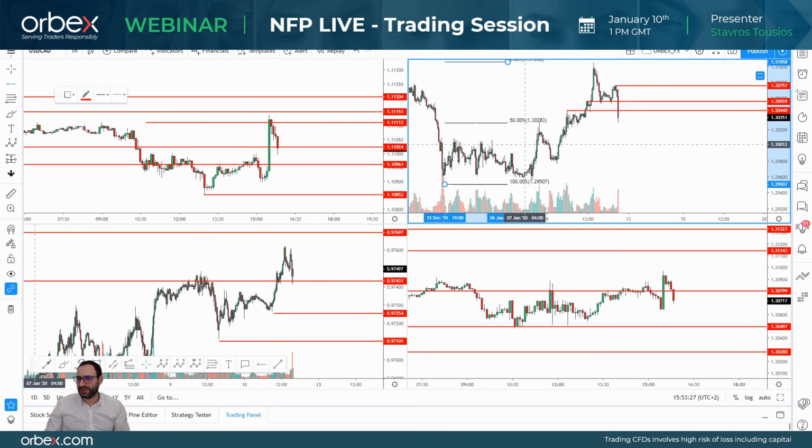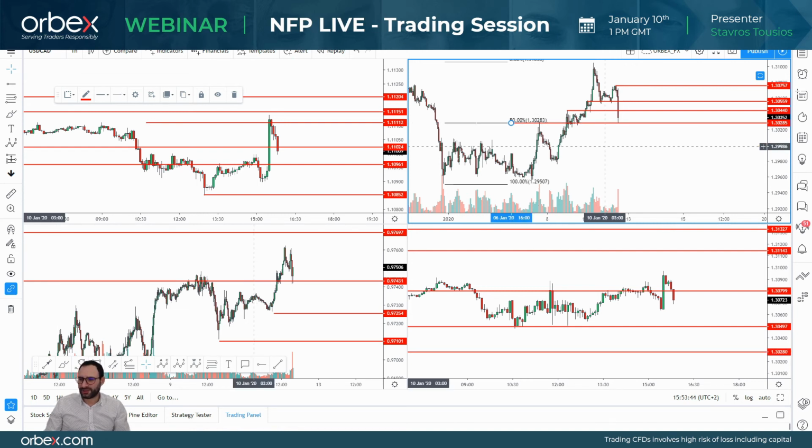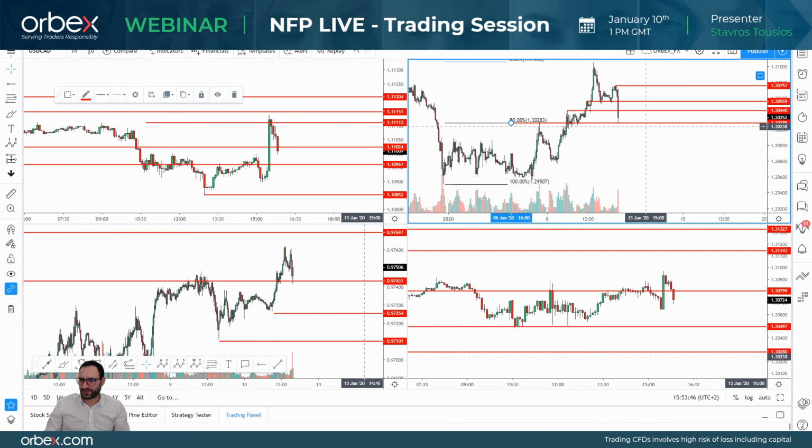And what does this mean? This means that we were looking at entering at 132.50, which is a tad below the 50 Fibonacci retracement. So when you're really looking at your entry level, it's not necessarily to look at the level that we've just talked about, which is down here. If you know that this is a 50 Fibonacci retracement, then you may want to move your entry a little bit higher.